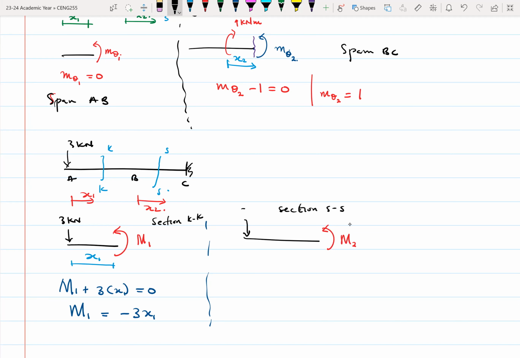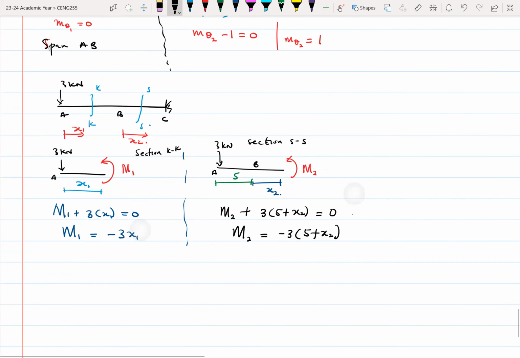This is 3 kilonewtons. This is A, and B is somewhere here. We're not yet at C. This distance here is 5, that much we know. This distance here is our x2, which can vary. So M2 plus 3 times (5 plus x2) equals 0. So big M2 will be equal to minus 3 times (5 plus x2).